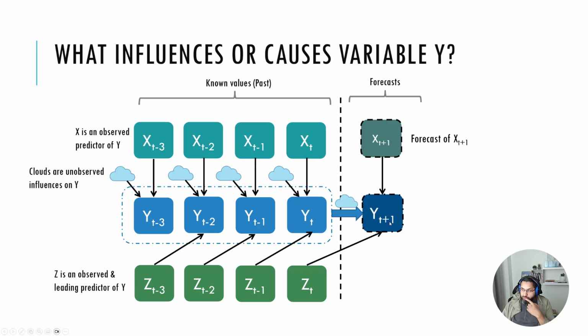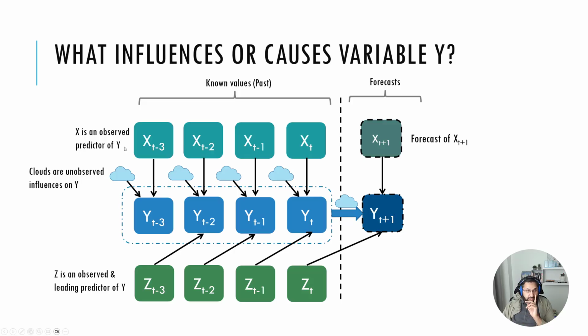And notice to predict YT plus 1, we already know ZT because everything before this vertical dotted line is already observed. It's in the present or past. Okay, so there are known values up to the dotted line. And because Z is a leading or early predictor of Y, this gets observed first before YT plus 1 is observed, so it can be used to forecast YT plus 1.